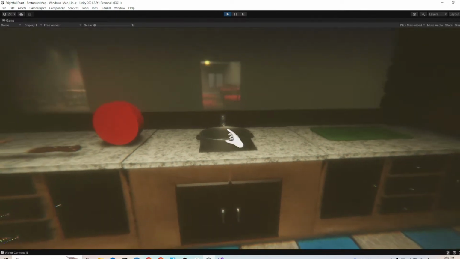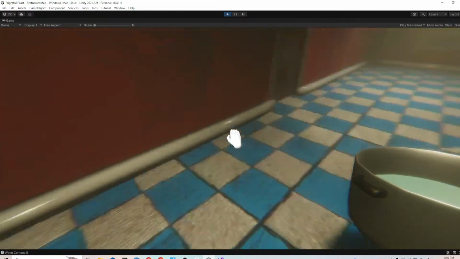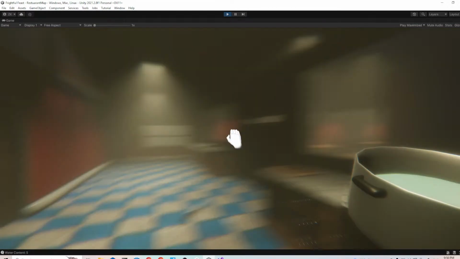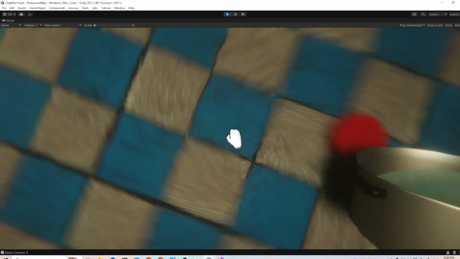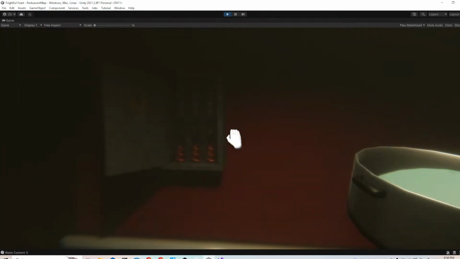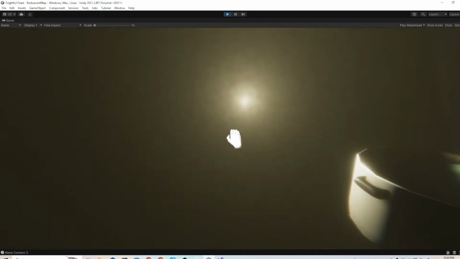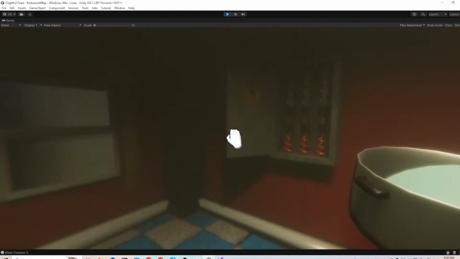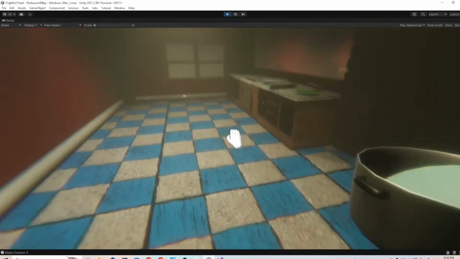Wait. Hey, it is wobbling. Look at it go. Oh my god, Jesus.